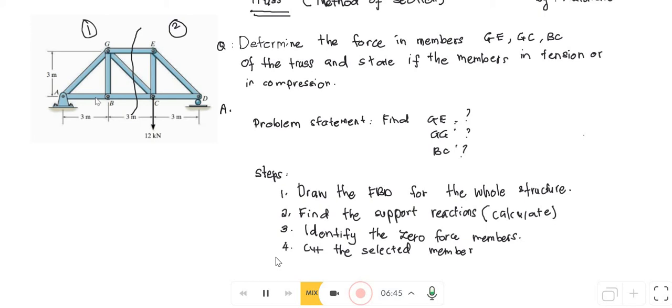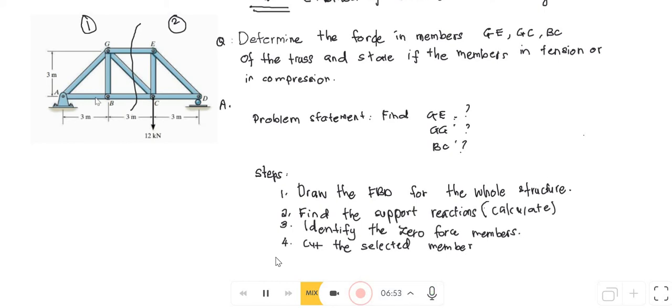But the best is to pick the section that has fewer forces. Why do we choose the section that has fewer forces? Because we don't want to complicate our calculation. Okay, so once you have decided which section to select, then you need to draw.